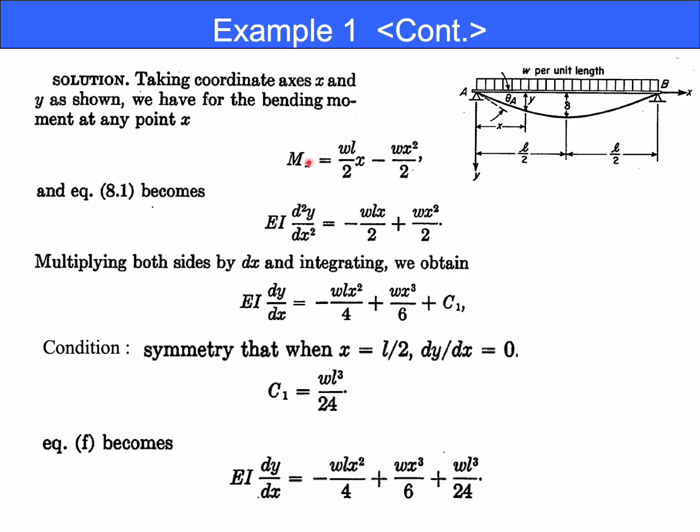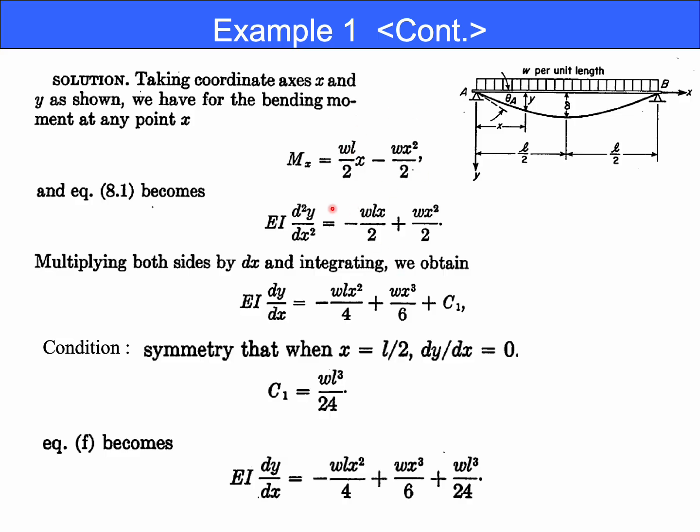So the total moment becomes like this. Then we plug into the differential equation, EI times the second derivative of y with respect to x equals this.